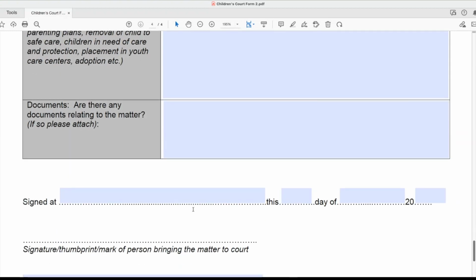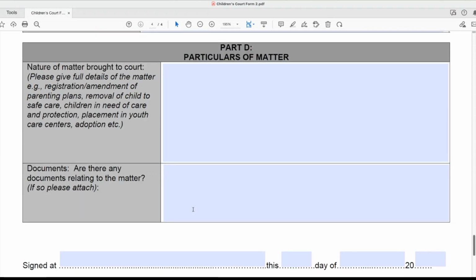And then part D, you go into the particulars of the matter. Now, folks, children's matters can be very, very, very complex. This block over here is probably not sufficient to give the court a full rundown of what you want. As Karen indicated earlier, some courts, in fact, want you to do an affidavit together with this form.